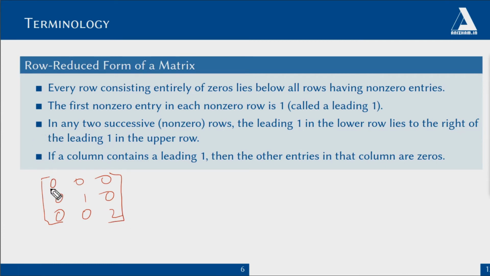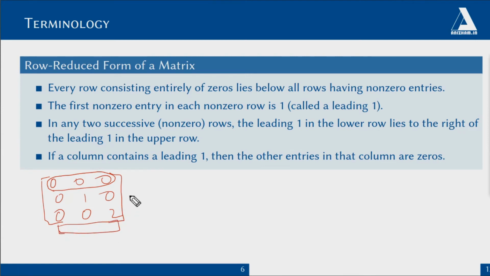Why? Because this row is having entirely zeros, but it is lying at the top. In our first condition, every row consisting entirely of zeros should lie below all rows having non-zero entries. That is, if this row was somewhere here, then there was a possibility.